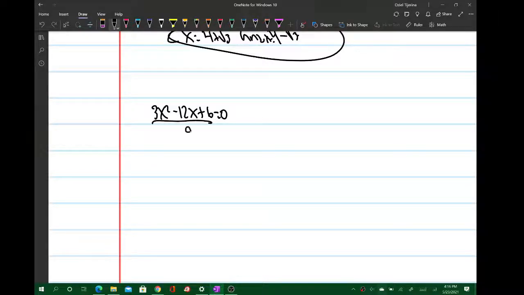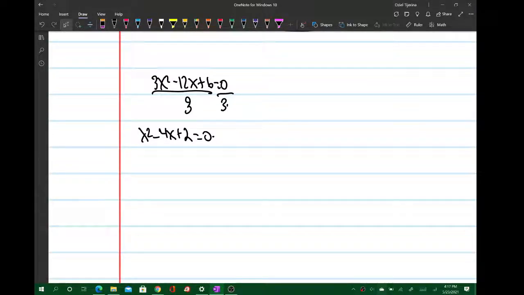You can divide by 3 on both sides, and then you have x squared minus 4x plus 2 equals 0. Then you can subtract 2 on both sides, so you have x squared minus 4x, and you add a c term, equals negative 2 plus c. Now you have to solve for c.